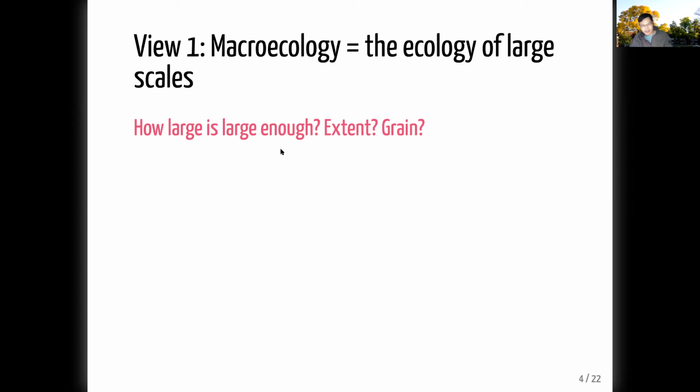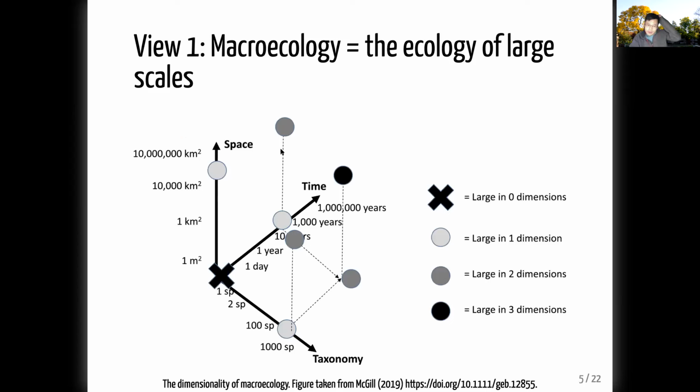So we talk about large in extent or large in grain. And also, what kind of dimensions do we talk about? In general, we can think about the dimensions of space, time, and taxonomy.